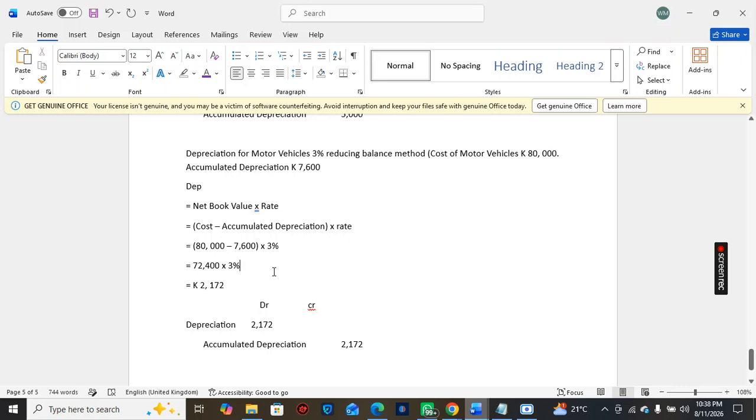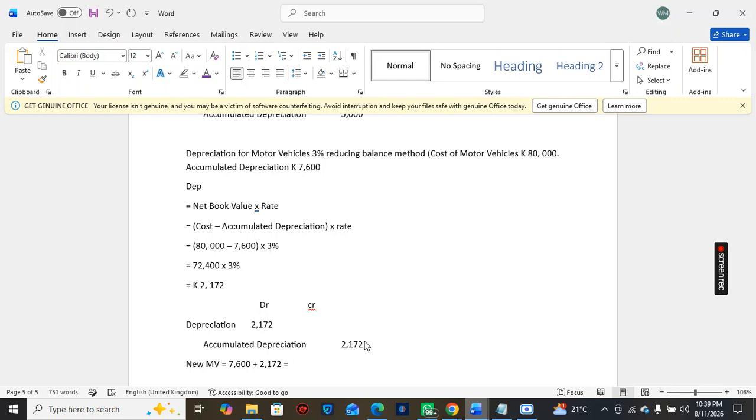Even with the straight line method, for every non-current asset, they'll tell you the pre-existing accumulated depreciation. So when you calculate the new depreciation for that year, add it to the pre-existing, okay? Like in this case, the new accumulated depreciation for motor vehicles is going to be the old accumulated 7,600 plus the new one, 2,172.